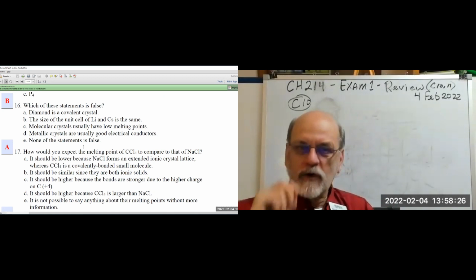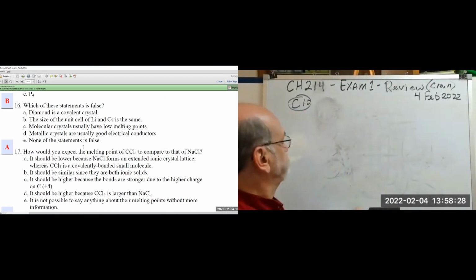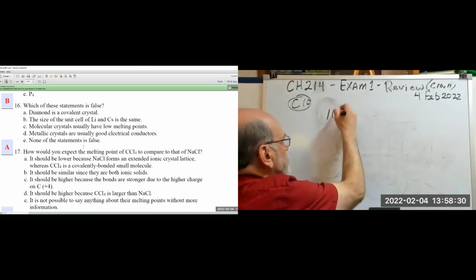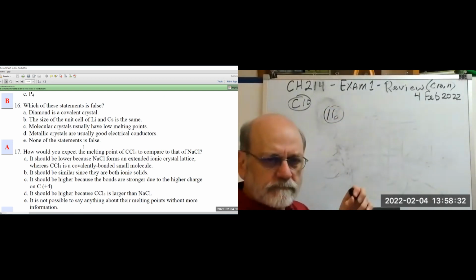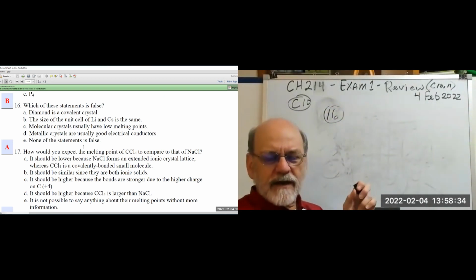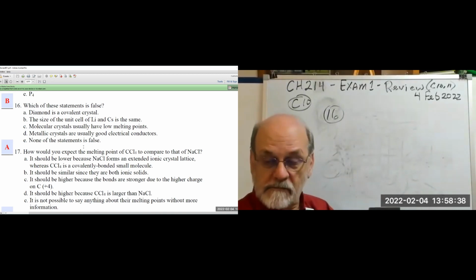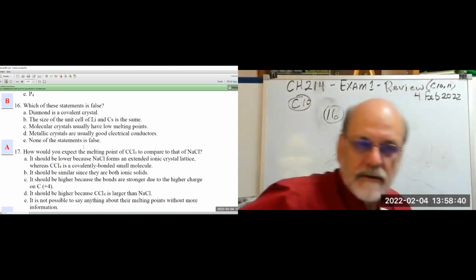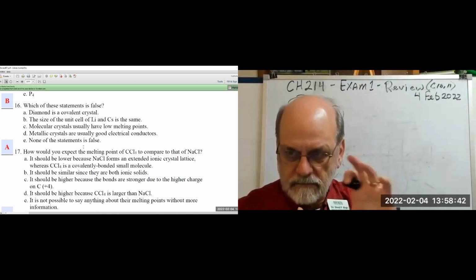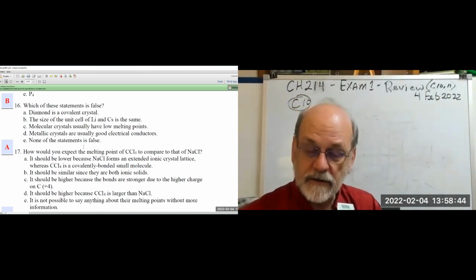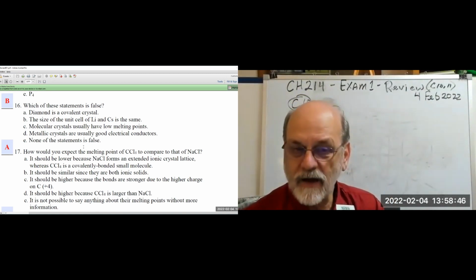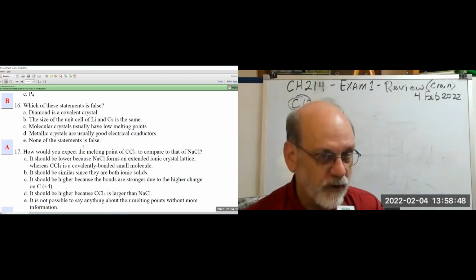16. Which of these statements is false? A, diamond is a covalent crystal. That's true. Every carbon in the diamond network, it's a network solid, is covalently bound to the others.